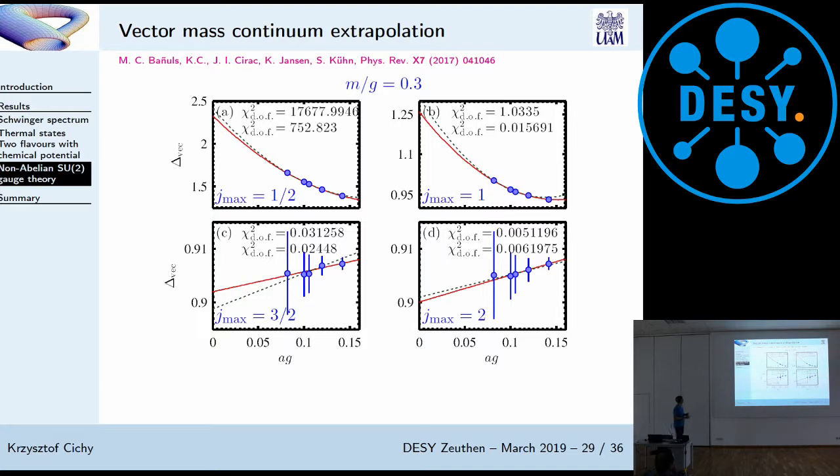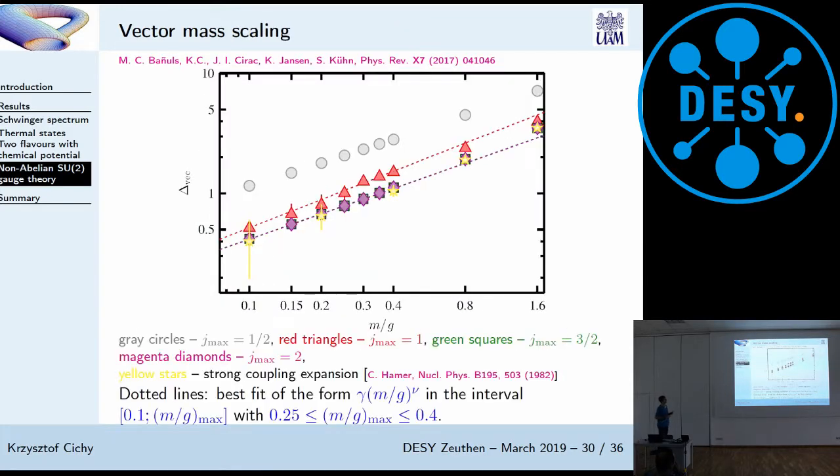And here you see the continuum extrapolations, and you see that actually for the truncation at J max equal 1/2, we cannot really properly do the continuum extrapolation. And it's actually not guaranteed that the quantum link model does possess a continuum limit. If we increase the J max, you see the results become much less sensitive to further increase of J max, and probably we are getting to the full SU2 theory.